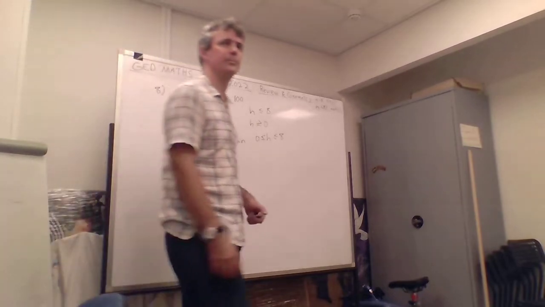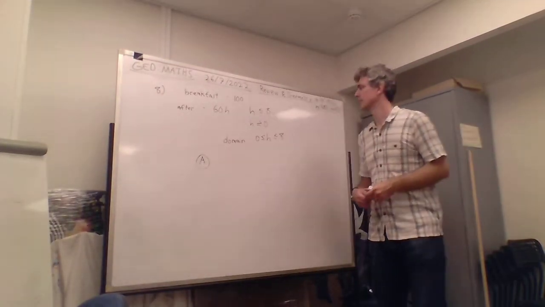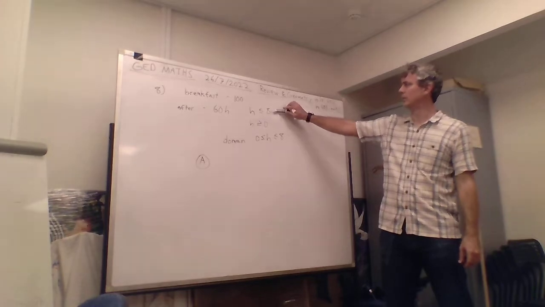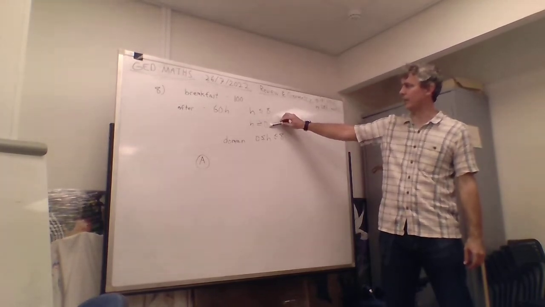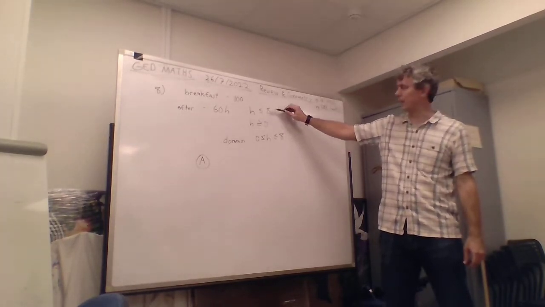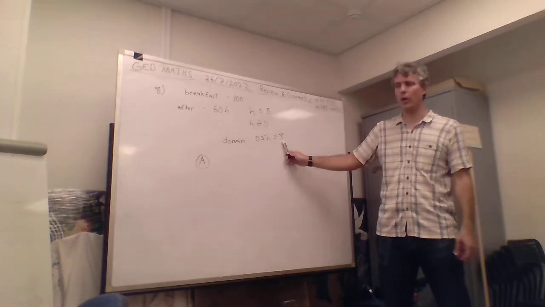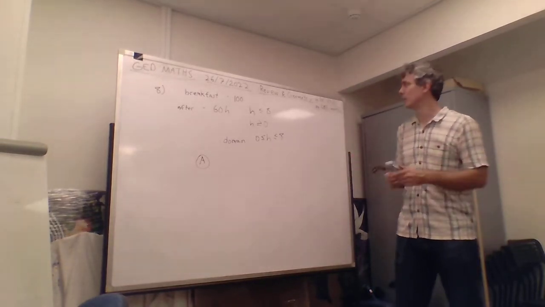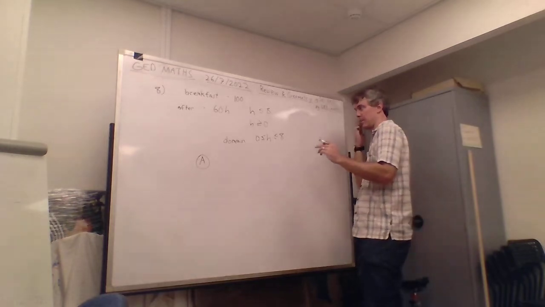Do you see that? Because we know h has to be less than or equal to 8 and greater than or equal to 0, our domain is h in between these two, and only A has that. If you want, we can try to see the function.